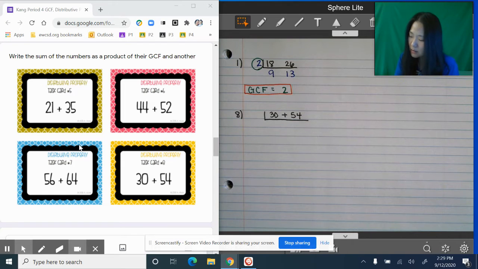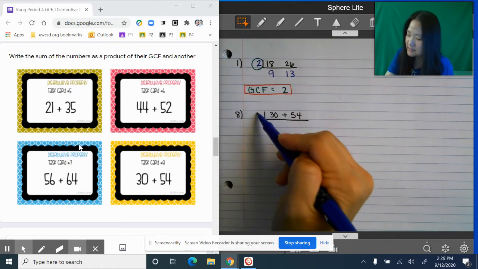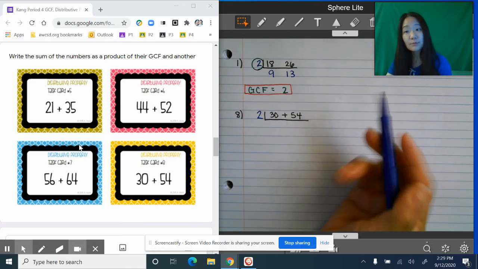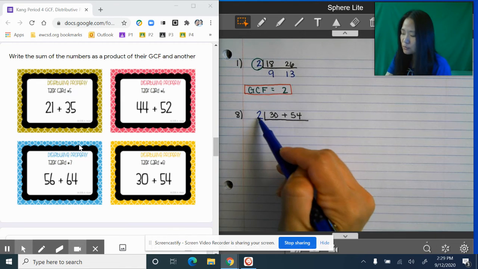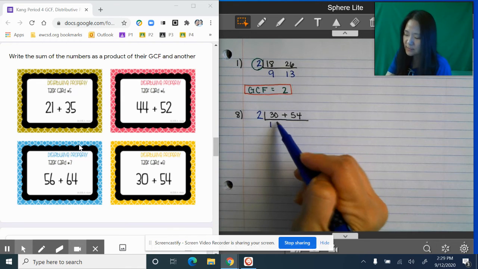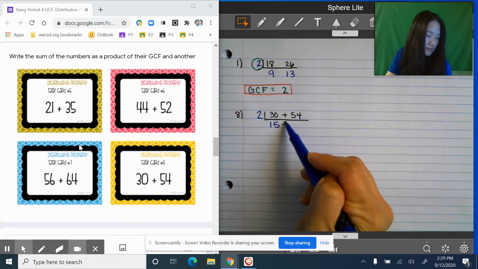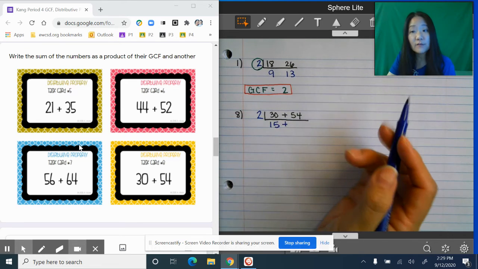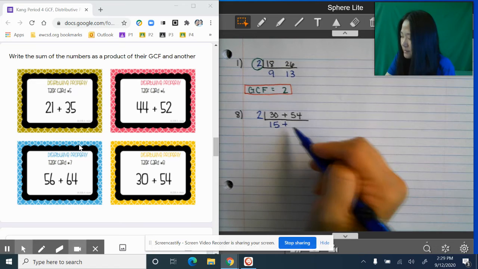So 30 and 54, a common factor, I can think of a few, but I'm going to say it's 2, because even numbers are always divisible by 2. Then 2 goes into 30 15 times, plus 2 goes into 54 27 times.